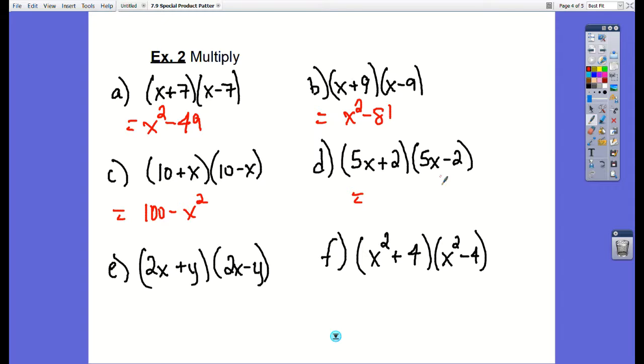Well, Carter, thank you. Waiting for that one. 5x squared minus 4. All right, I think that could be wrong. I think everybody's on to Emma. 4x squared minus 5 to the second. There we go. And last one, anybody? Yeah, so x to the fourth minus 16. There we go. All right.